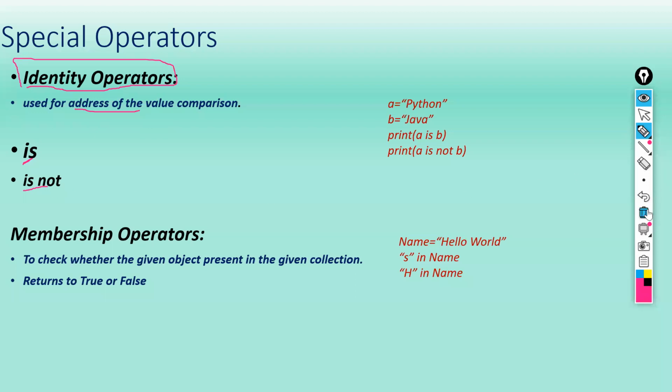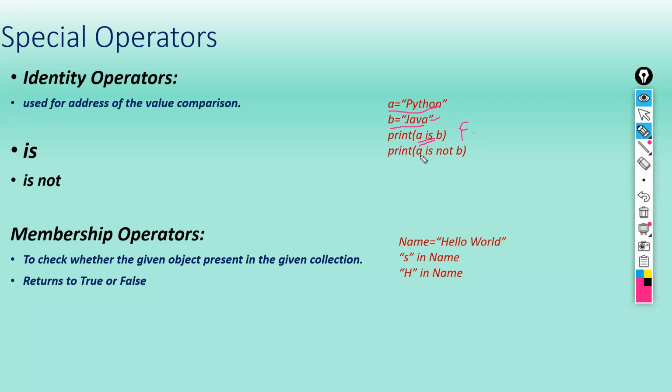In the same way, while we are comparing these two, A equal to Python, B equal to Java. Now, A is B. It's false. Wrong. Because the identifier A contains the Python value, the identifier B contains the Java value. Both are not equal, so we can say that it is false.